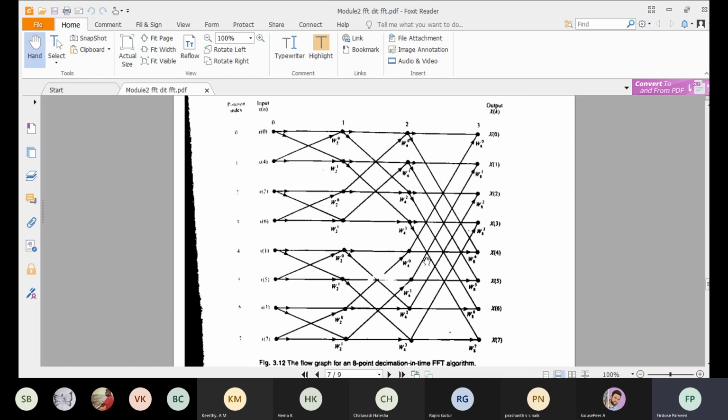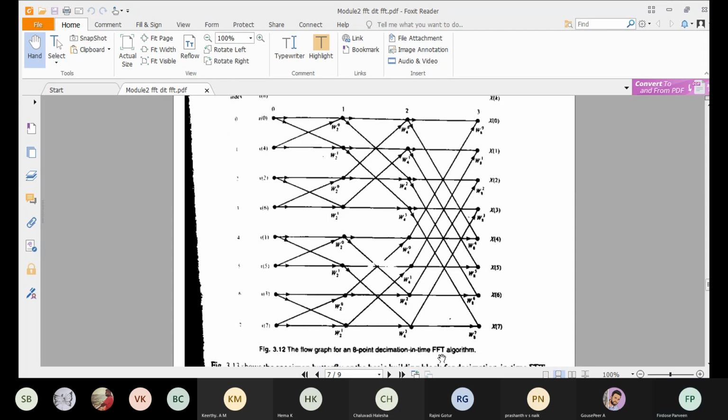So this is 8 point what we have done first, then this one is your 4 point, second time decimated, and this is the third time decimated. Okay, so this is 8 point, this is 4 point, this is 2 point. The flow graph for an 8 point decimation in time.